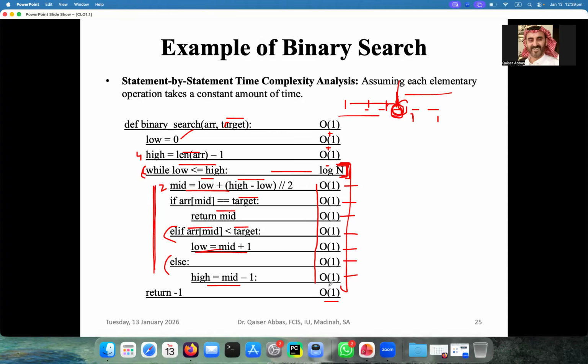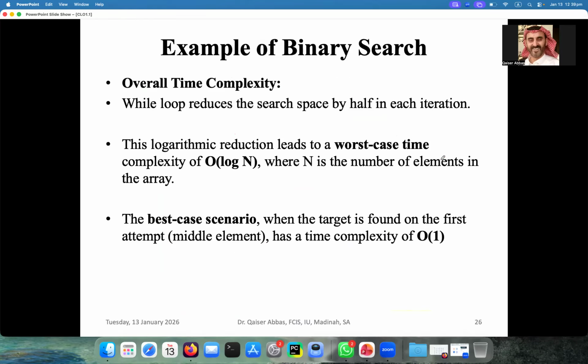And then plus this last one. You are writing this in a line: order of 1 plus order of 1 plus order of 1 plus log of n plus order of 1. Then you ignore all constants, and the remaining would be log of n. This is how you finally write that the complexity for binary search is big O of log of n.